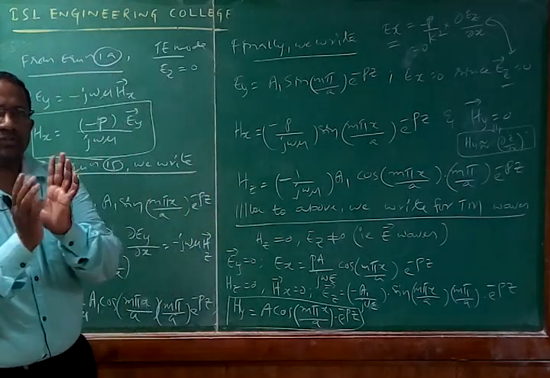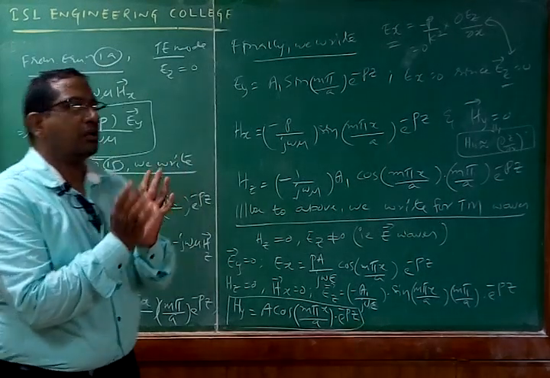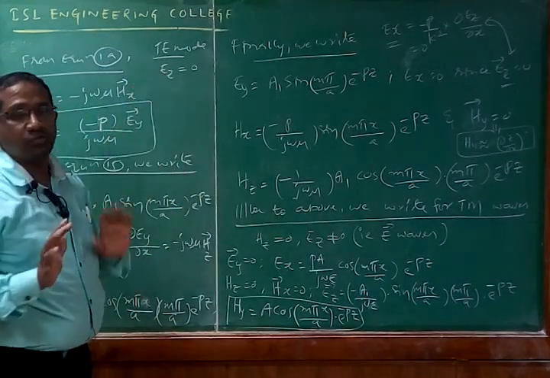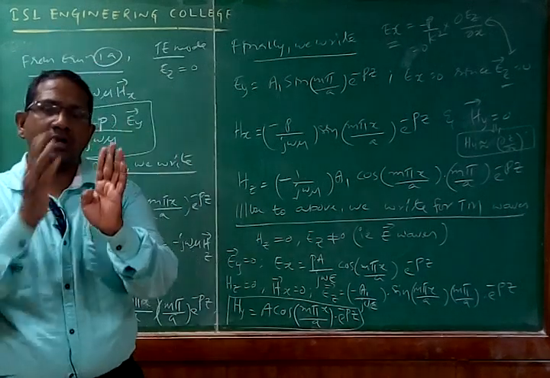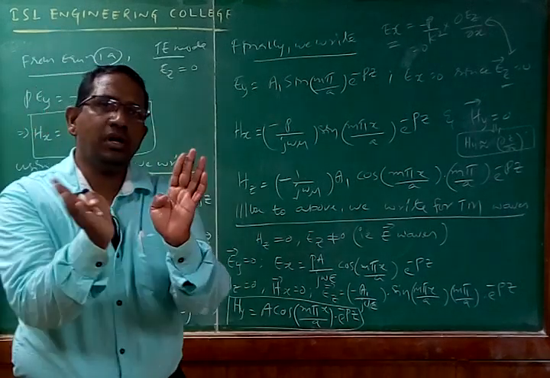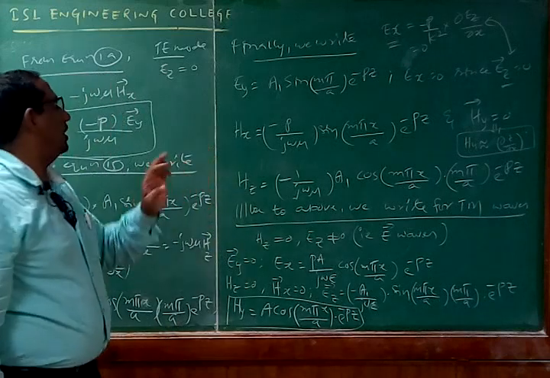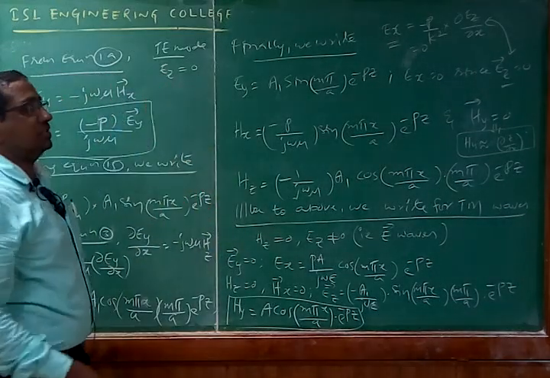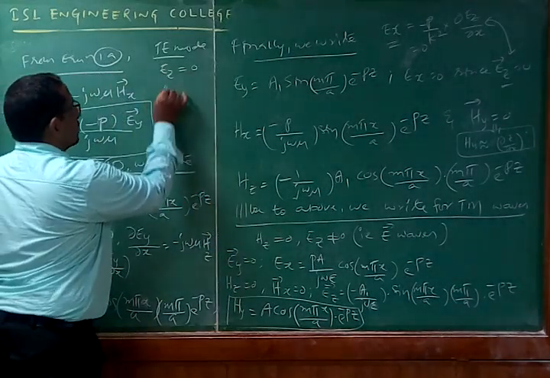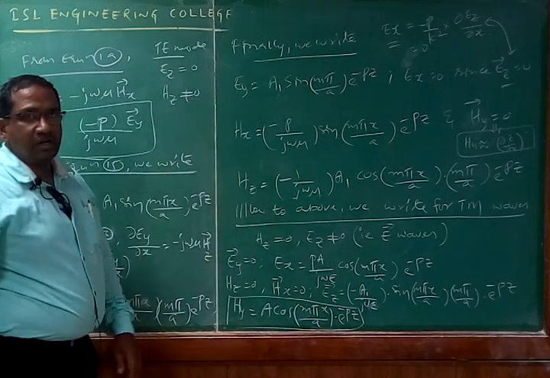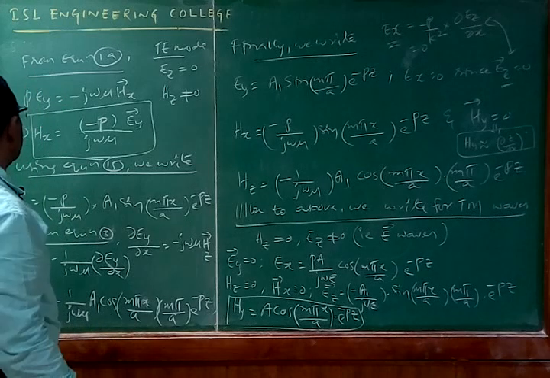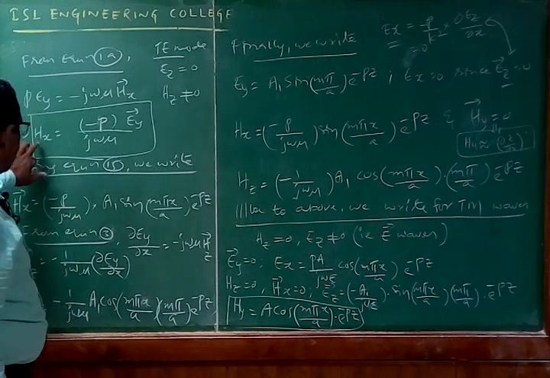In a transverse electric field, the electric field component along the z direction is equal to 0, because the electric field is already transverse, or orthogonal, to the direction of propagation along z. Therefore this component is 0. Now, what about Hz? Hz is not equal to 0. There exists an Hz component. So we should try to get expressions for the H components.